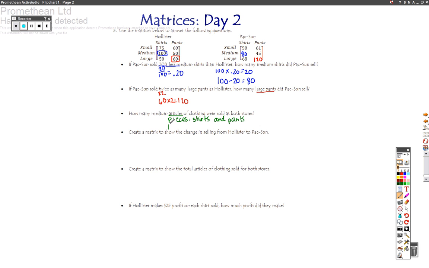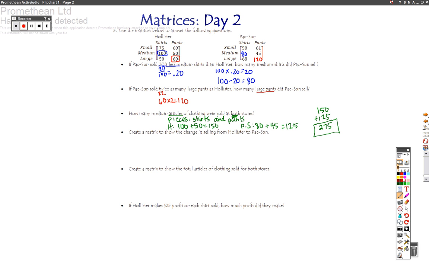So for Hollister, at medium we have 100 plus 50, that equals 150. And at PacSun, medium, we have 80 and 45, which gives me 125. So, how many were sold at both stores? I'm going to do 150 plus 125. It gives me 275.